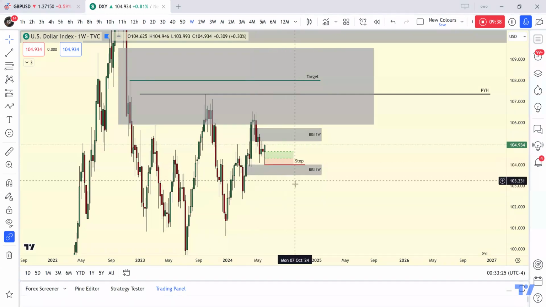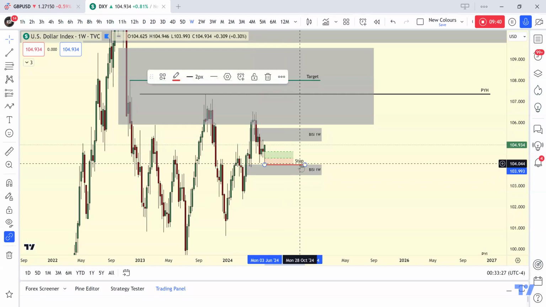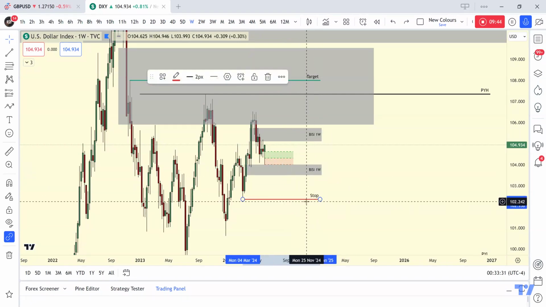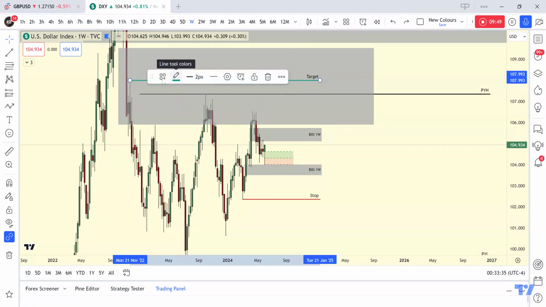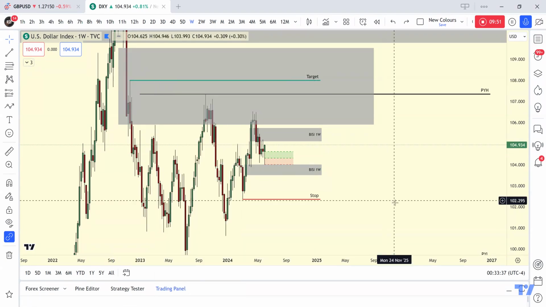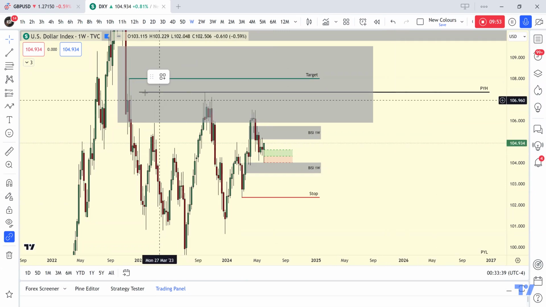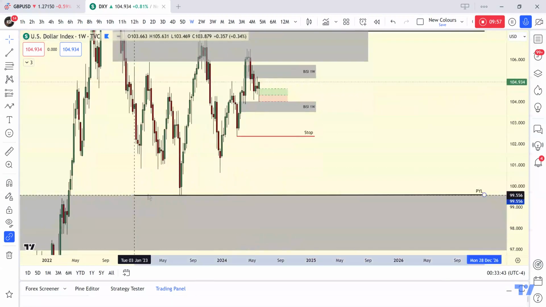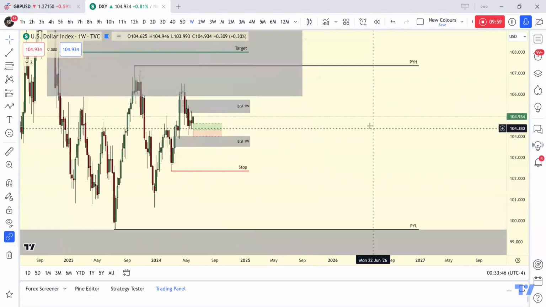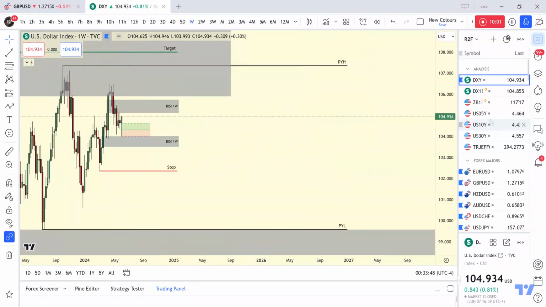But there's always a possibility that we stab down during some sort of news event as well. So let's just keep it in the safest part, which is here. And change the color again, but no worries, we saved it. So yeah, we have the previous year's high, previous year's low. Very nice. Let's move on.